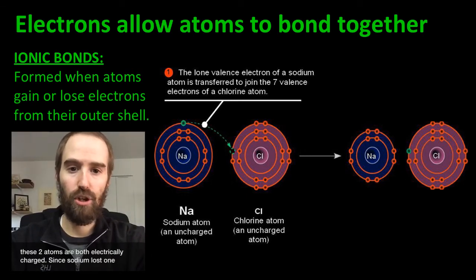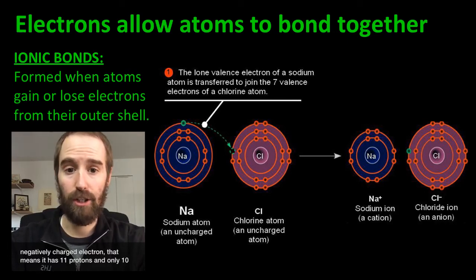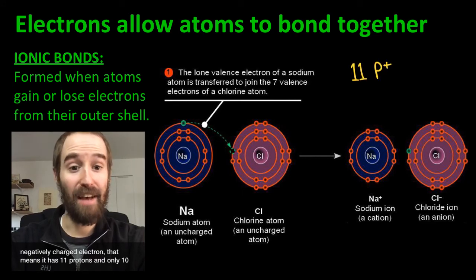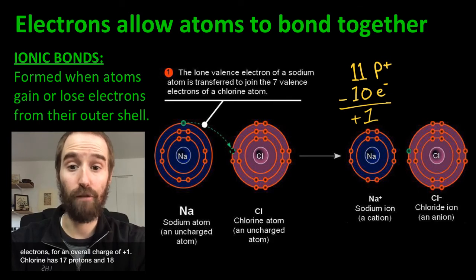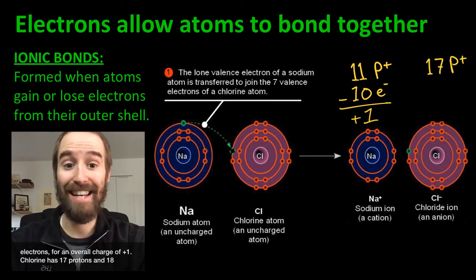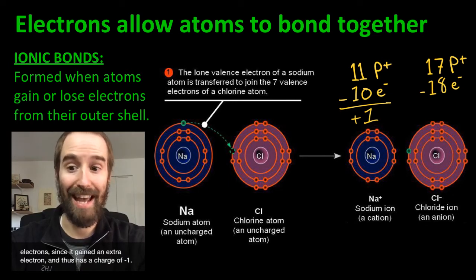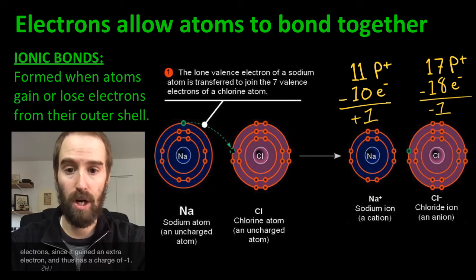But now these two atoms are both electrically charged. Since sodium lost 1 negatively charged electron, that means it has 11 protons and only 10 electrons for an overall charge of +1. Chlorine has 17 protons and 18 electrons since it gained an extra electron, and thus has a charge of -1.